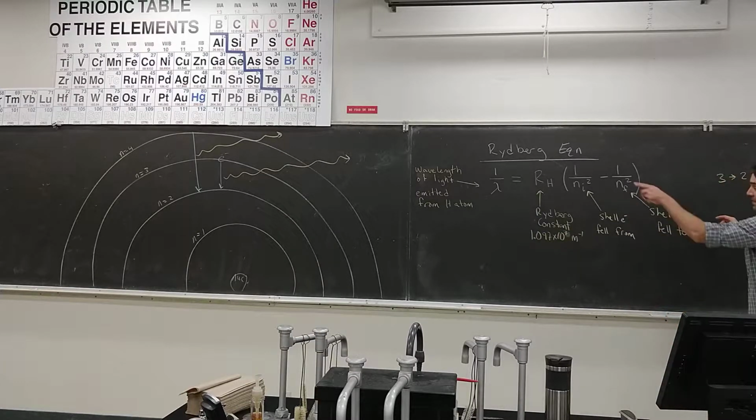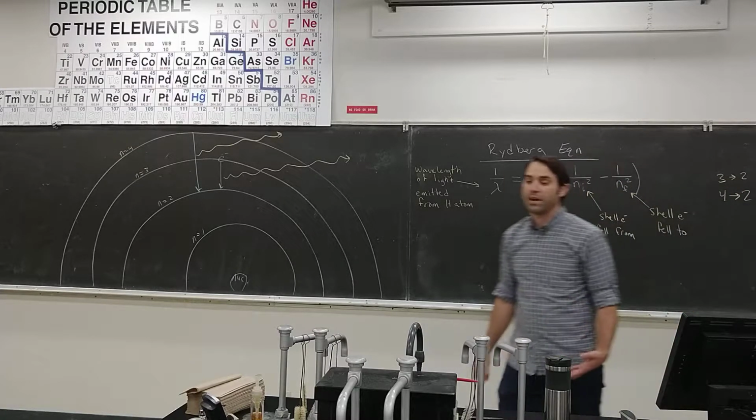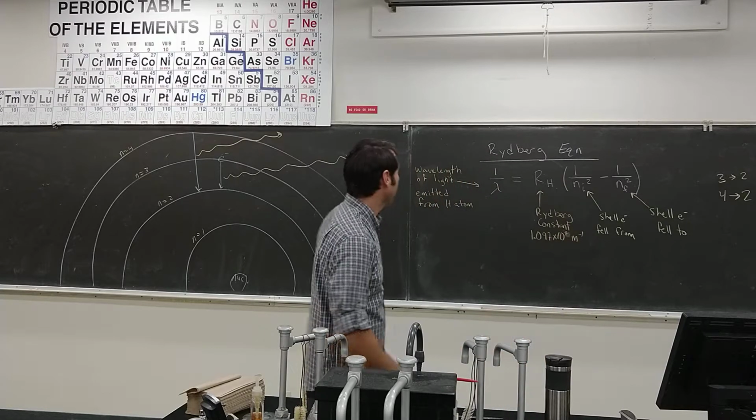If you did it for the second one we did there, from the fourth shell to the second shell, you would get 486, etc. That just tells you what wavelengths of light are emitted from the hydrogen atom.